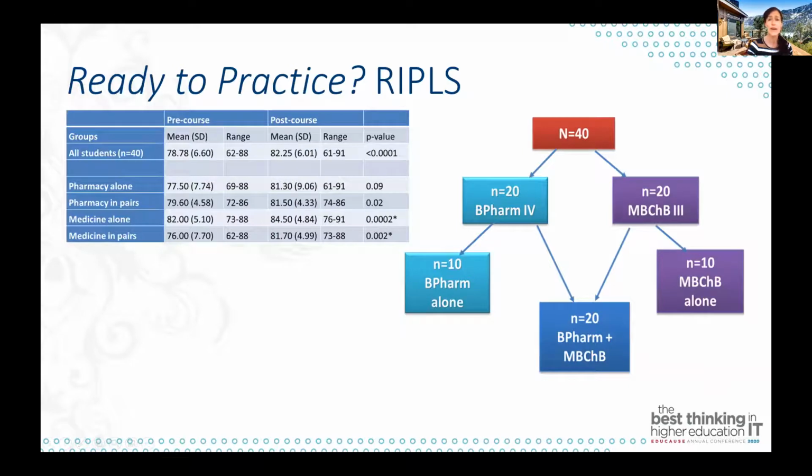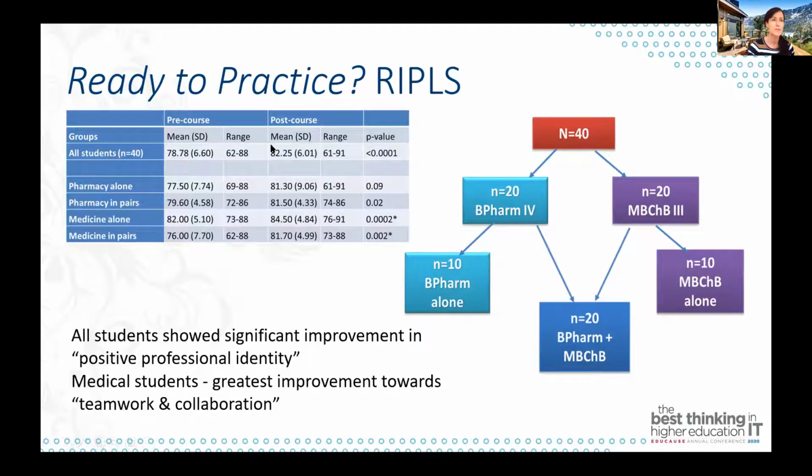And so what we found using a readiness for interprofessional learning scale is that all students, there were significant differences in their attitudes towards interprofessional learning, but it occurred more so with the medical students than the pharmacy students. And they tended to show the greatest improvement towards teamwork and collaboration, whereas all students saw a positive attitude towards professional identity.